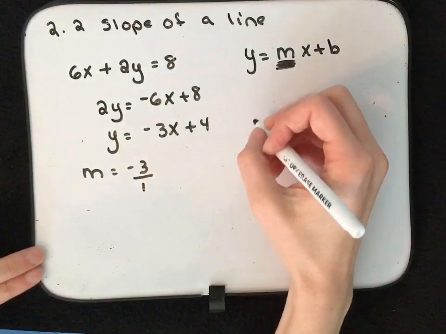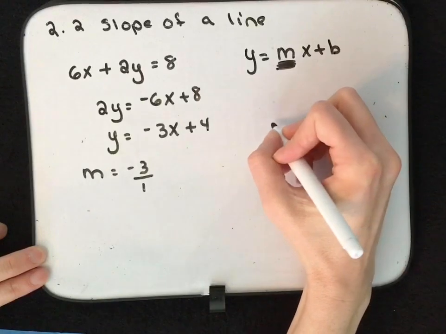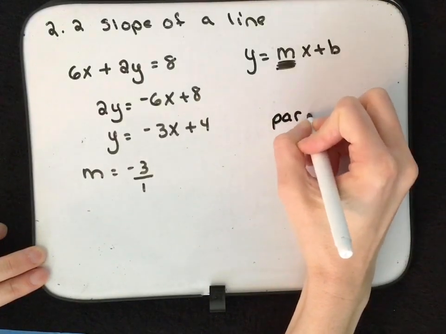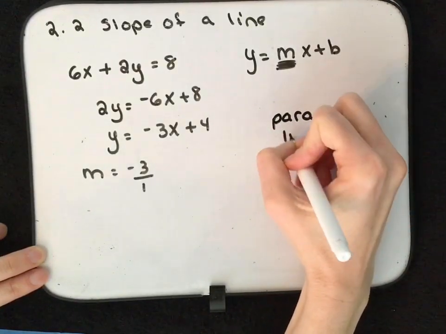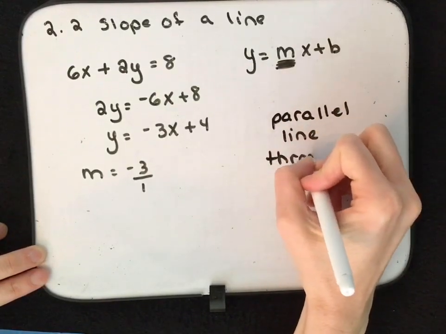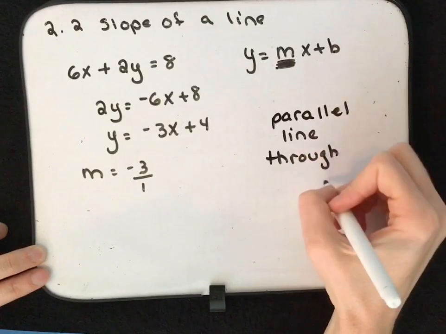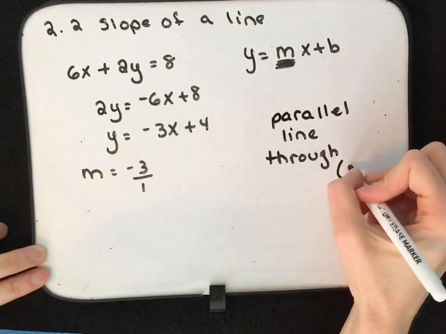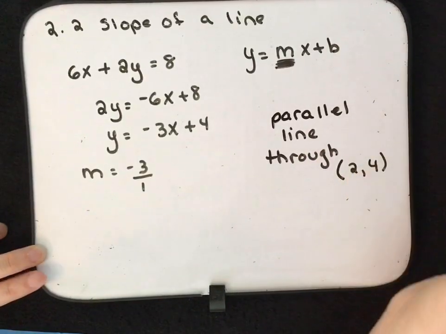Let's say that we wanted to find a parallel line and we wanted to go through the point, let's say 2, 4.